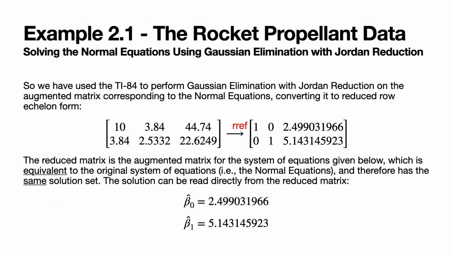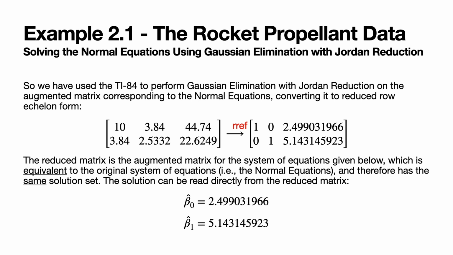So we have used the TI-84 to perform Gaussian elimination with Jordan reduction on the augmented matrix corresponding to the normal equations, converting it to reduced row echelon form. The reduced matrix is the augmented matrix for the system of equations given at the bottom of the slide, which is equivalent to the original system of equations, that is the normal equations, and therefore has the same solution set.